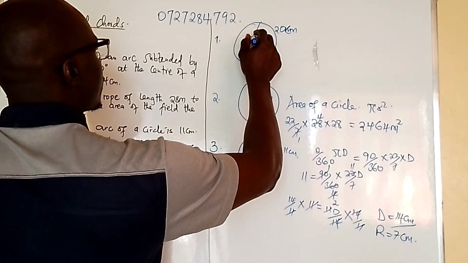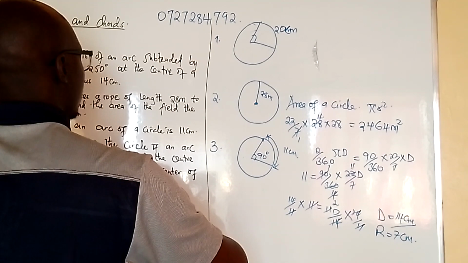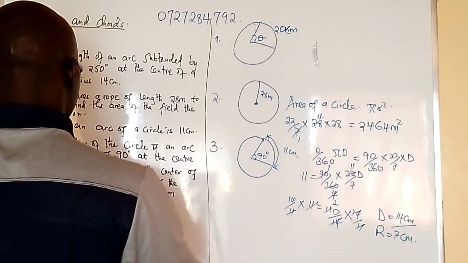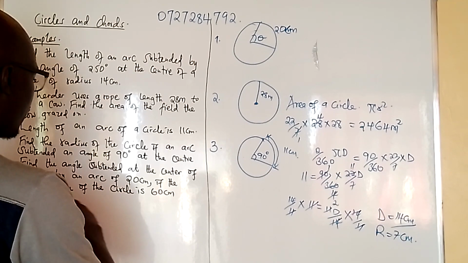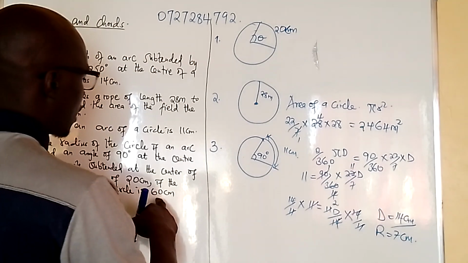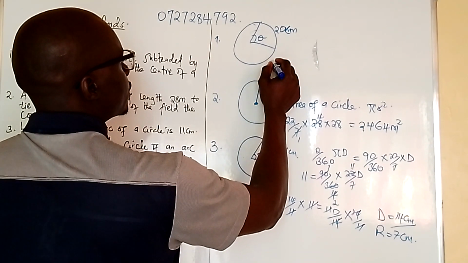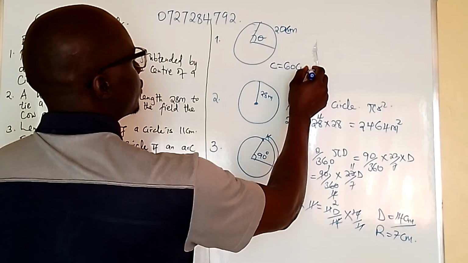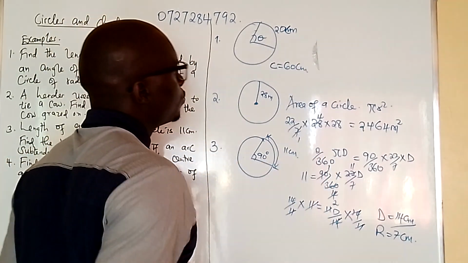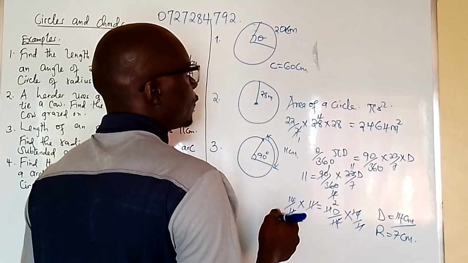That is the length. This is our angle theta. The circumference of the circle, the whole circle, is 60 centimeters.